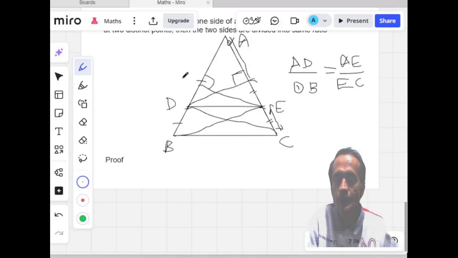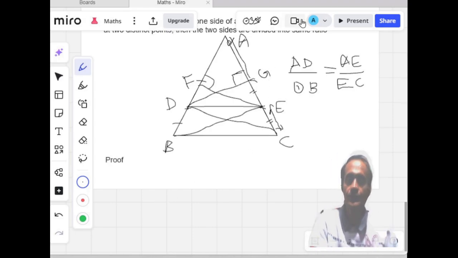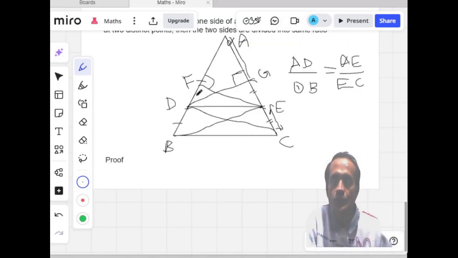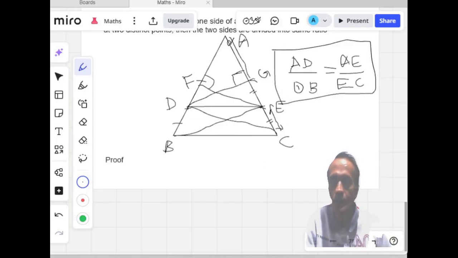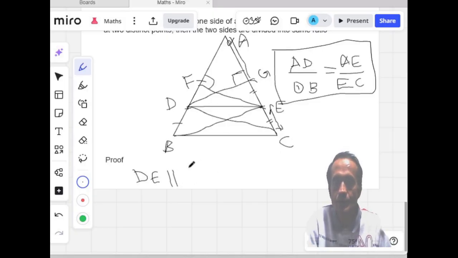Let us name them F and G. So this is what we have to prove, and what we are given is DE is parallel to BC.